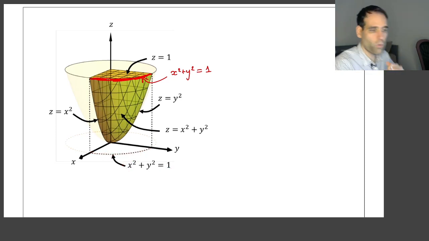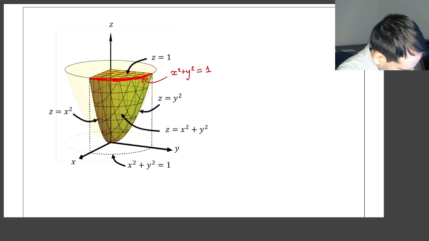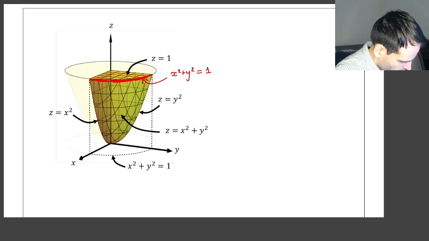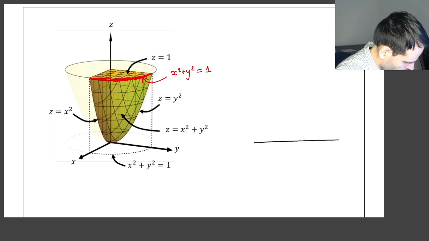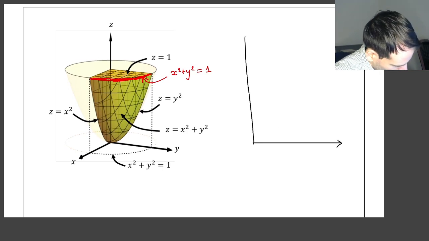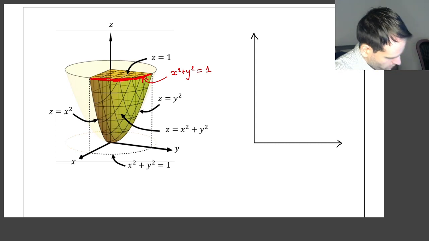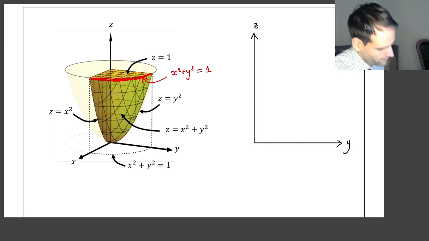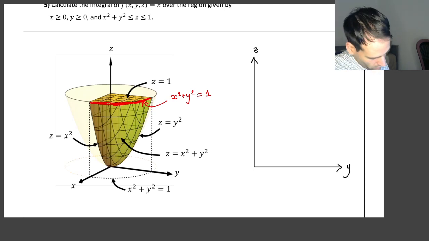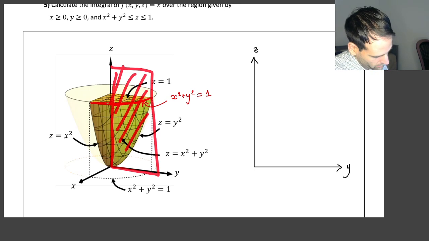So it's always really important to be able to picture this thing, either do a sketch or draw cross sections. Maybe we can draw a cross section in the yz plane. Let me do that. Sometimes it's useful to draw cross sections. Let's say that this is y and this is z. How does the cross section look? We are focused on this plane here, which is the plane x equals 0.